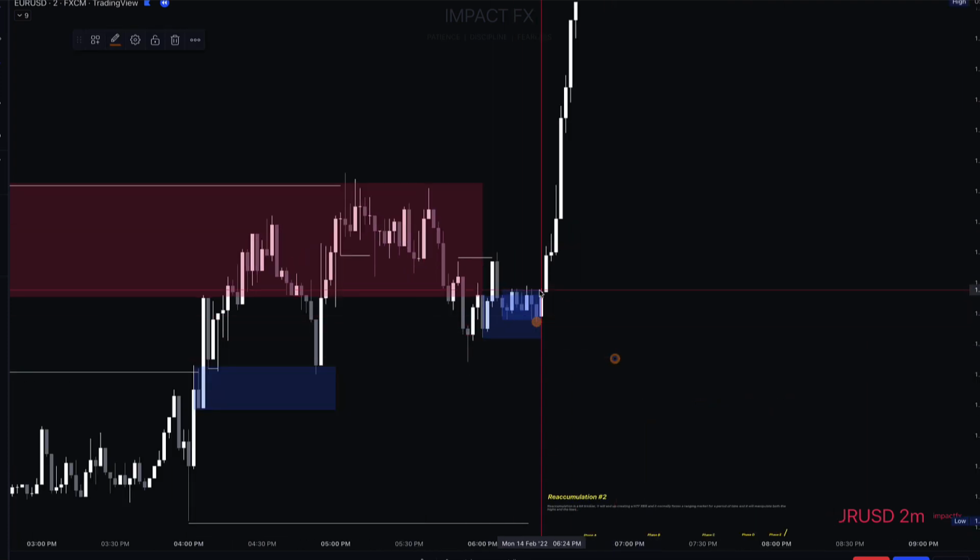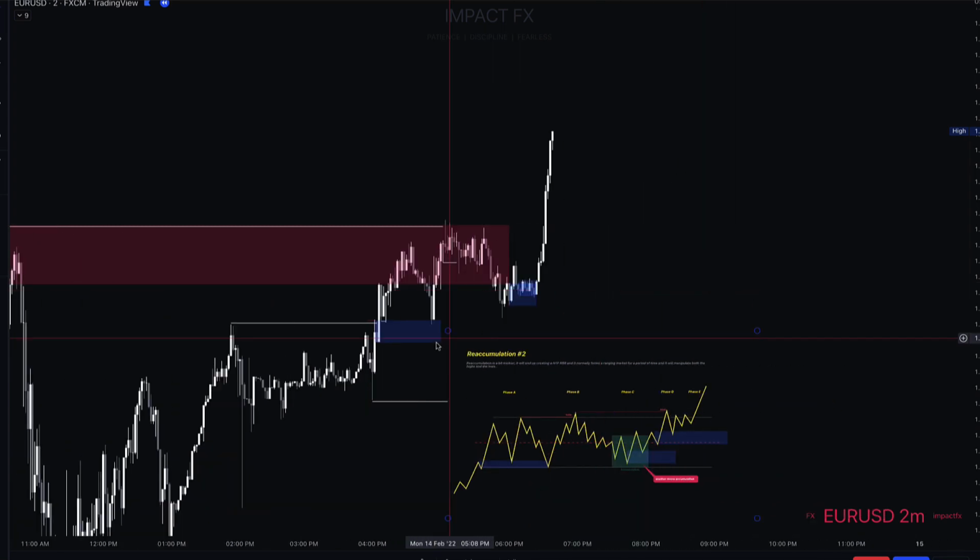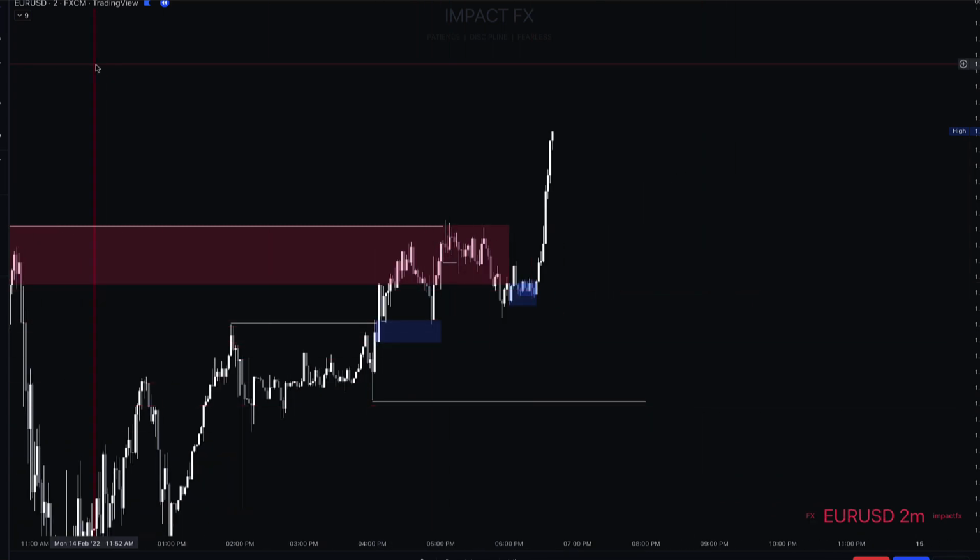So we've swept that liquidity, break structure, boom, there we go. So what we've understood is that if price is going to go lower, we want to start to see structure start taking out these lows and not manipulating the highs.